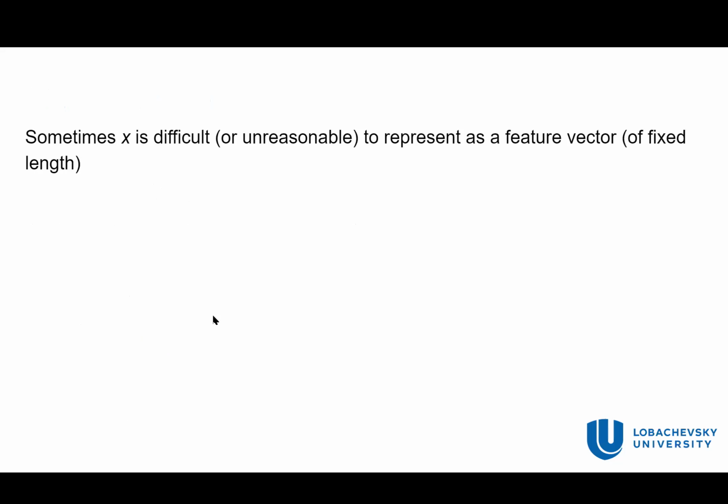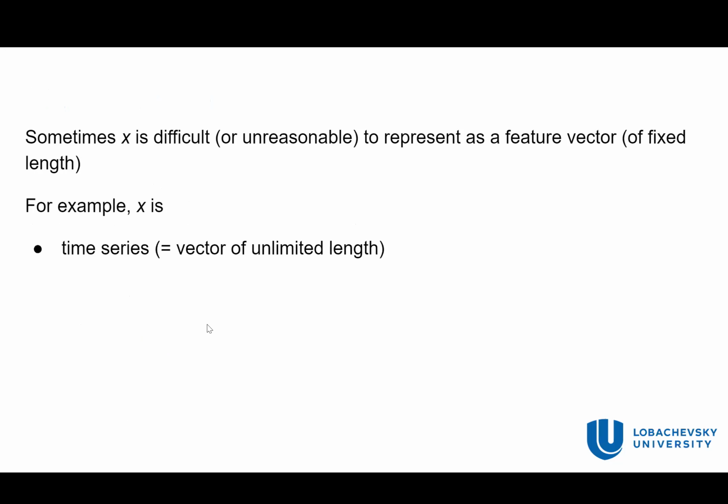Sometimes it is difficult to represent x as a feature vector of fixed length, for example, when x is a time series. A time series is a vector of unlimited length. For example, a time series can be signal, voice, music, and so on.